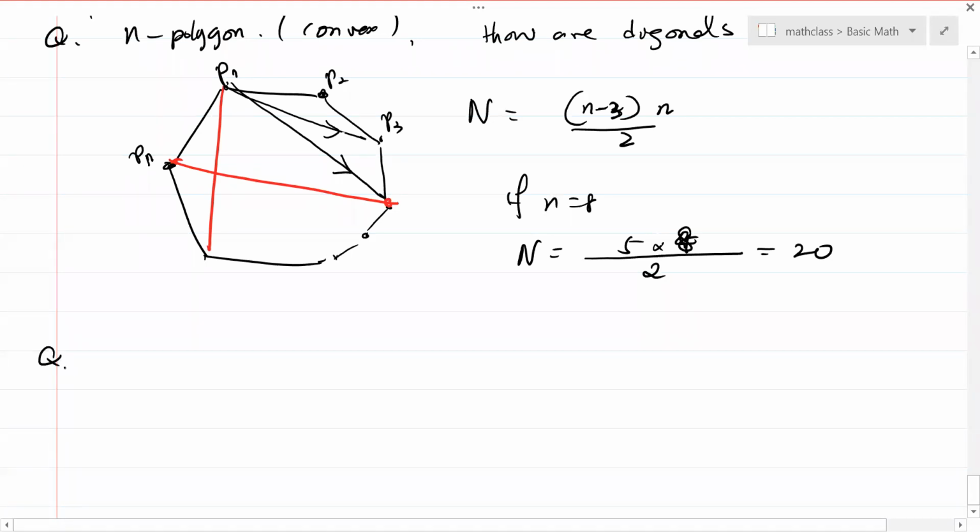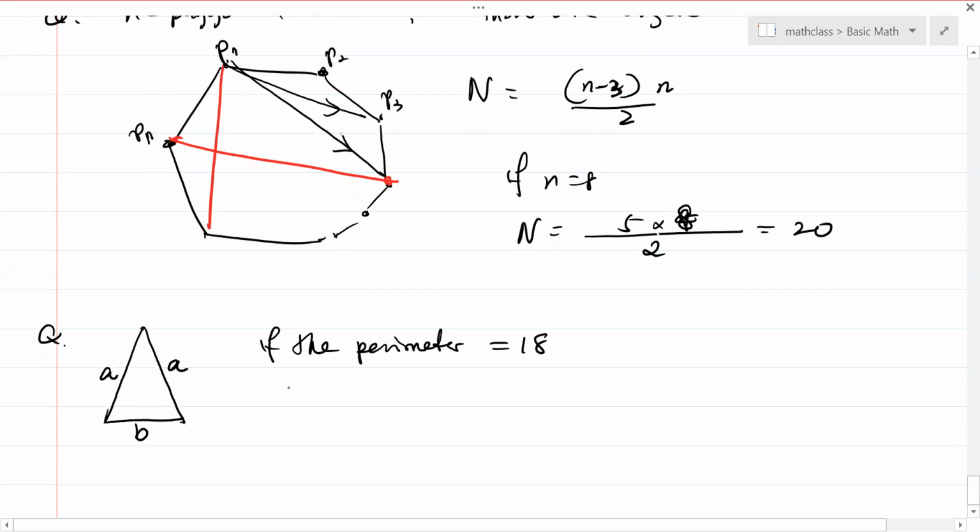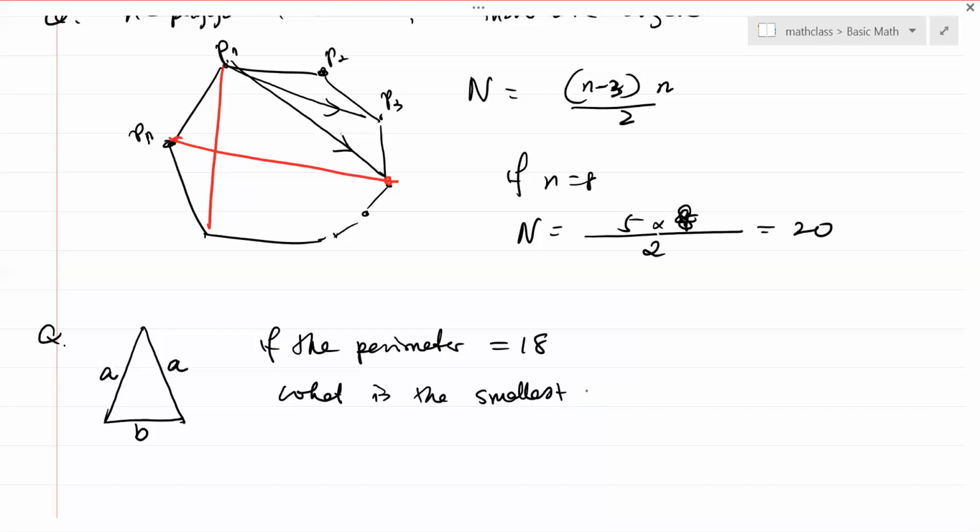So here's my question. I have an isosceles triangle. This side is A, this side is B, this side is C. If the perimeter is going to be fixed, my question is, what is the smallest possible area you can get?